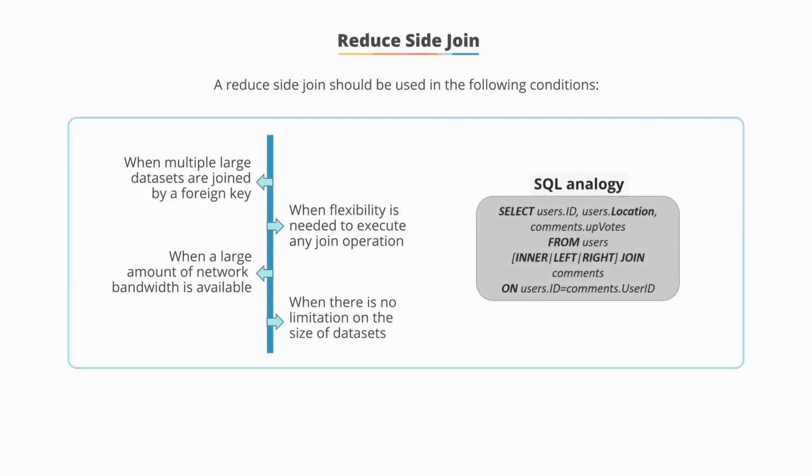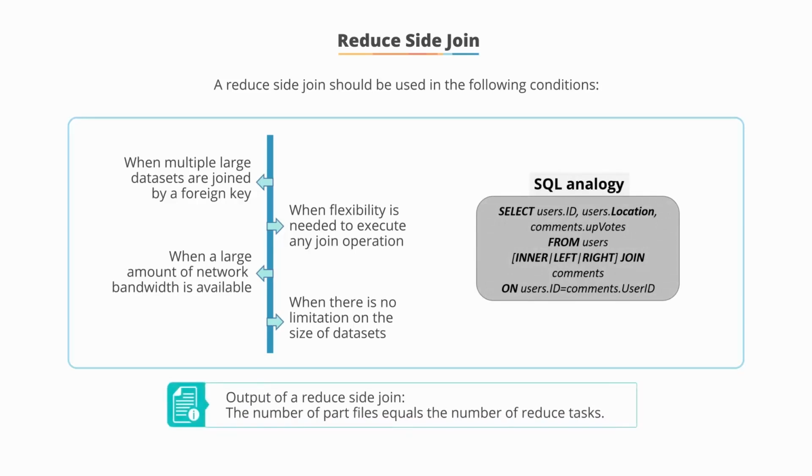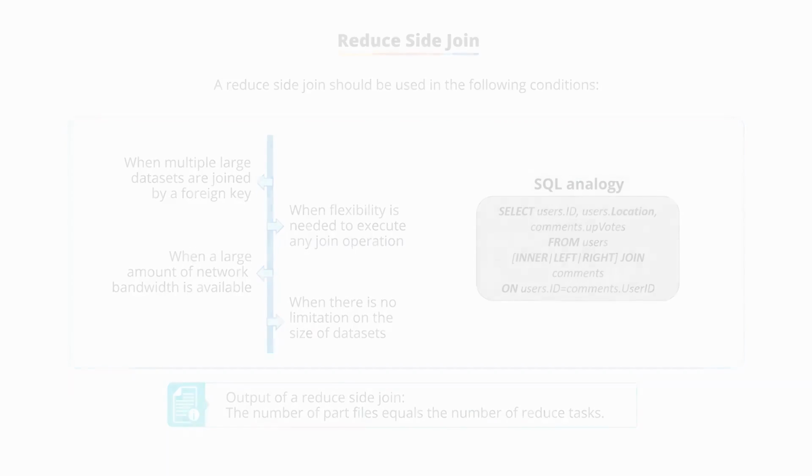The SQL analogy of a reduce-side join is given on the screen. In the output of a reduce-side join, the number of part files equals the number of reduce tasks. So if you have 10 reduce tasks, you will have 10 separate part files.